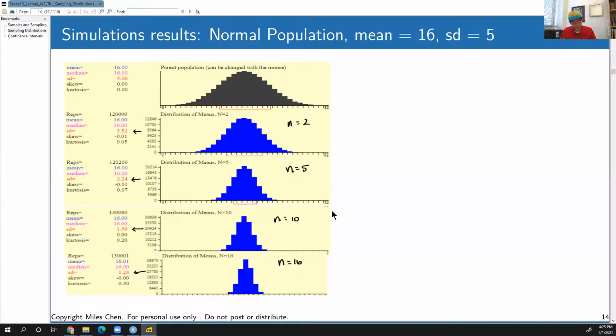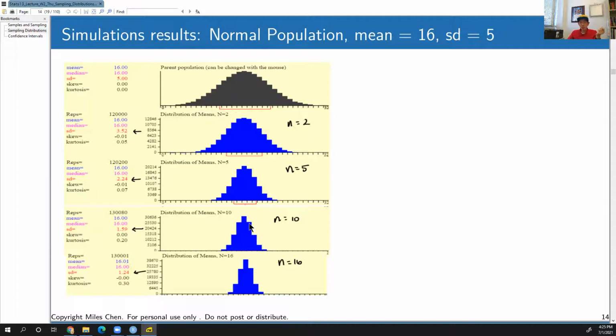Okay. So what's happening? Well, when you have, say, a sample of size 2, it's not that weird to get, just by random chance, 2 people who are, let's say this is heights, 2 people who are really tall, and the average of those two people's heights is very high, or 2 people who are really short, and the average of those 2 people's heights is very low.